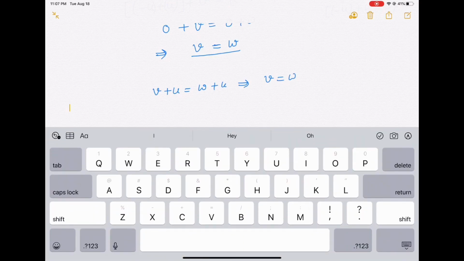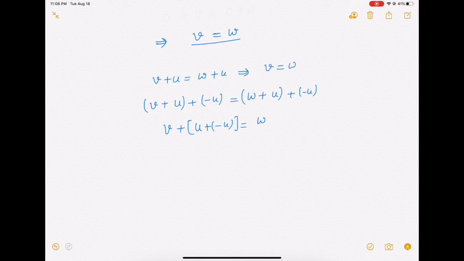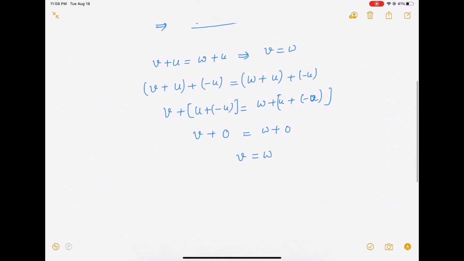By applying the similar method, that is by adding the additive inverse of u on both sides and then applying the associative property, we get the identity element, and this gives us v equal to w.